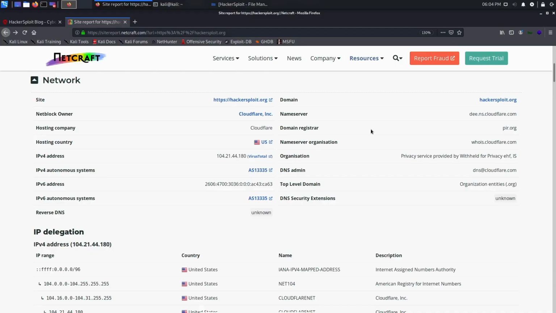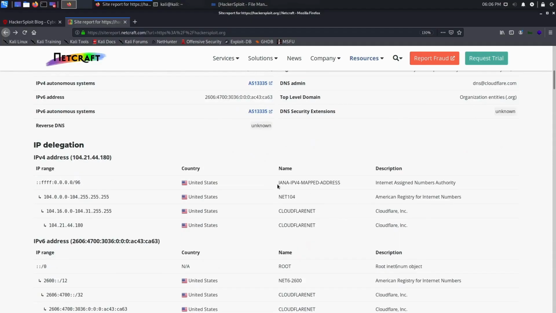And then of course you have the IP address of the website. Of course, in this case, it's going through Cloudflare, which means that this is not really the IP address of the web server that is being protected by Cloudflare, which is really, really cool. Then it gives you the actual top level domain, which in this case is the org TLD, and then it'll tell you whether the site has any DNS security extensions enabled.